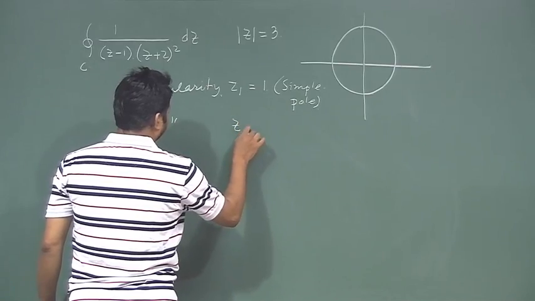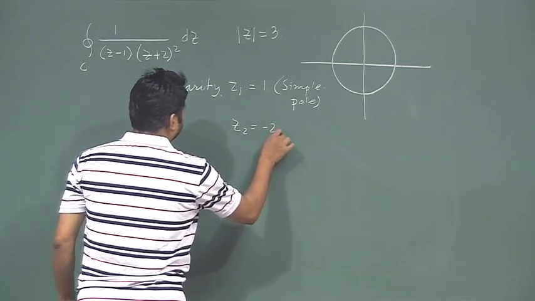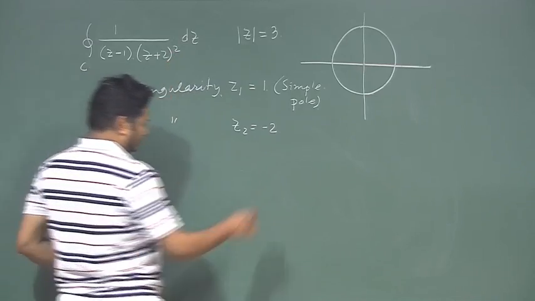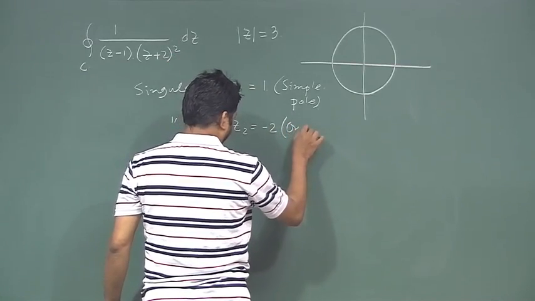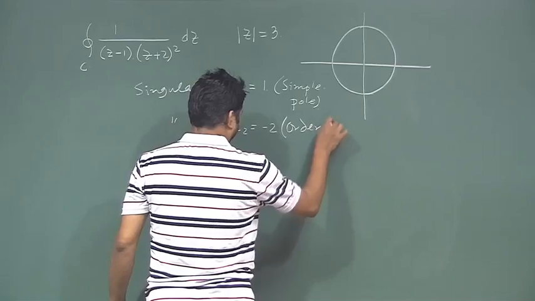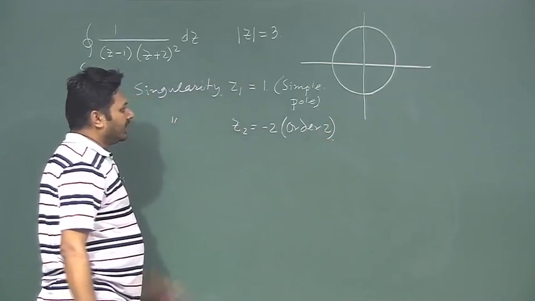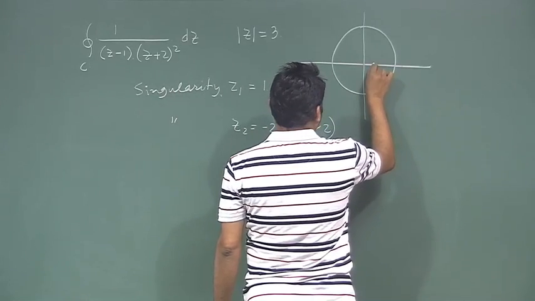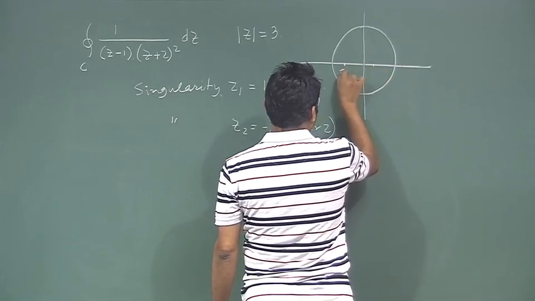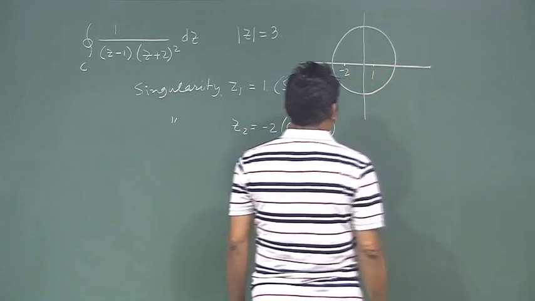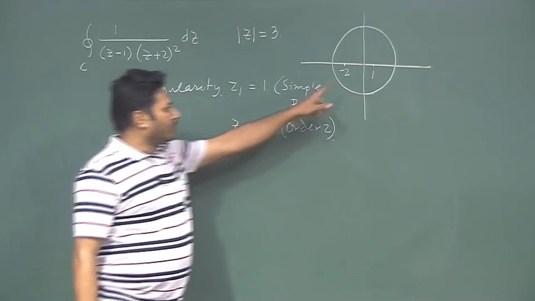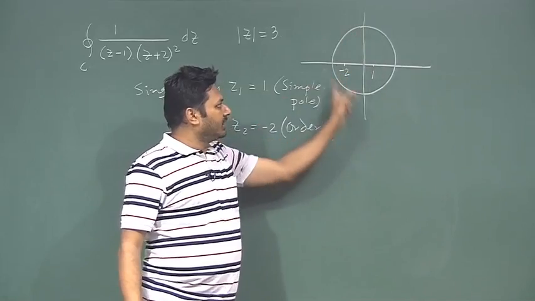Singularity Z2 is at -2, but this is of order 2. Both singularities are inside the circle: one point is here and another point is here.